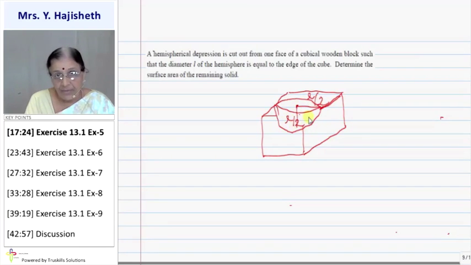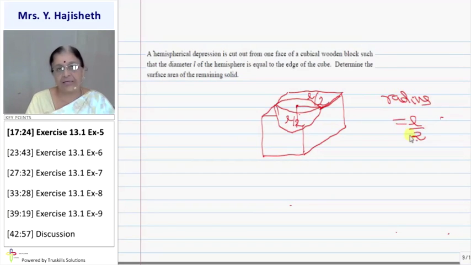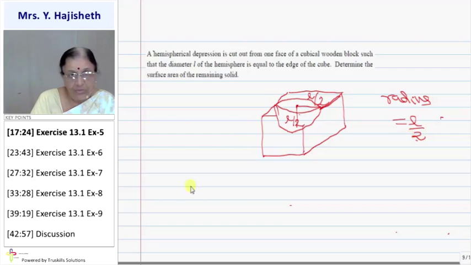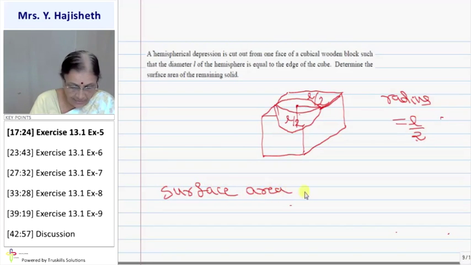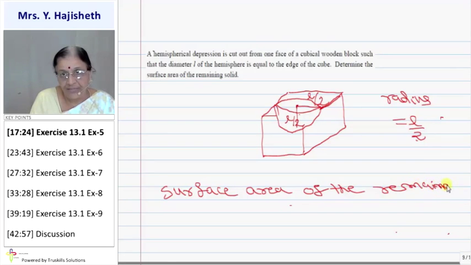Clear? Now what is the total surface area of this cube? Here I can say radius is equal to L by 2. I will get my answer in terms of L. What is the surface area of the remaining part? Surface area of the remaining solid after this depression, okay?